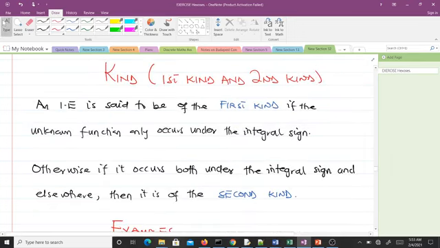So now let's go to the classification based on first kind and second kind. An integral equation is said to be of the first kind if the unknown function only occurs under the integral sign. So if the unknown function y of x only occurs under the integral sign and nowhere else. Otherwise, if it occurs both under the integral sign and elsewhere, then it is of the second kind.